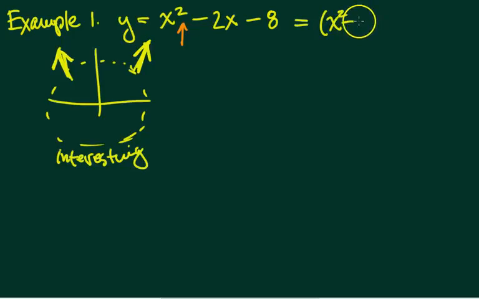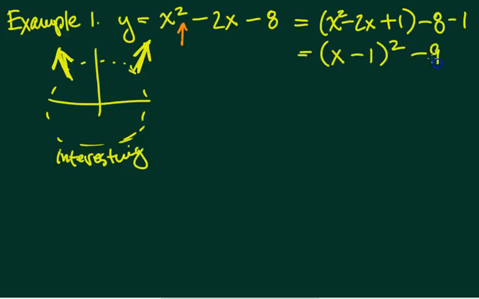X squared minus 2x plus 1 minus 8 minus 1, so x minus 1 squared minus 9. Or we could do something else. In particular, we could factor it. So I chose this because it's easy to factor into x minus 4 and x plus 2.